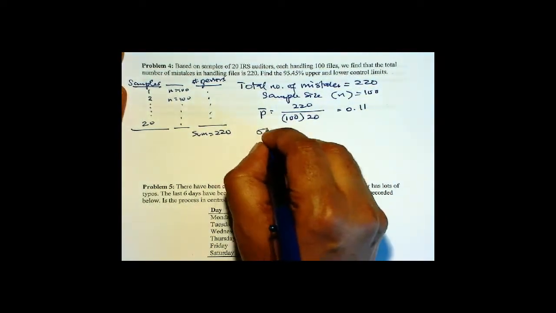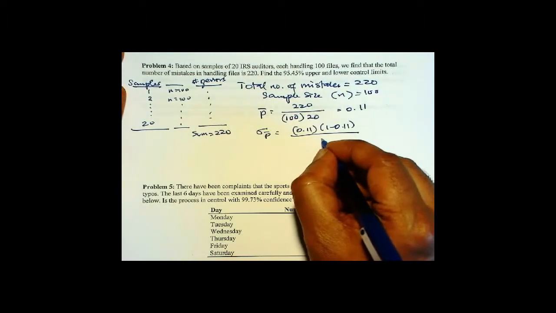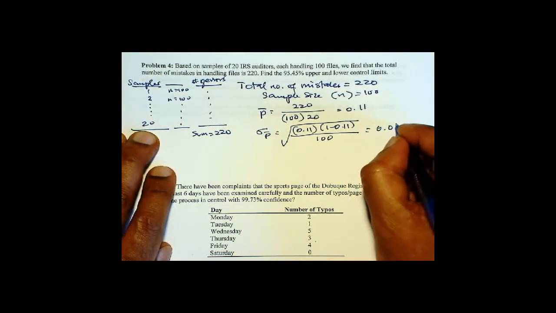So P bar is 220 divided by 20 samples times the sample size of 100. That gives us 0.11. And then sigma sub P bar will be the square root of 0.11 times 1 minus 0.11, divided by the sample size 100. Not 20, 20 is the number of samples. That value is 0.03129.